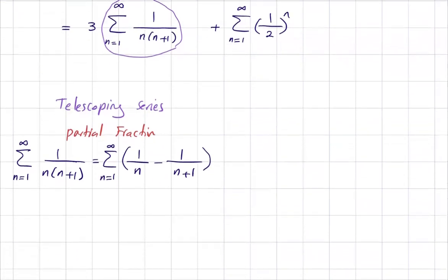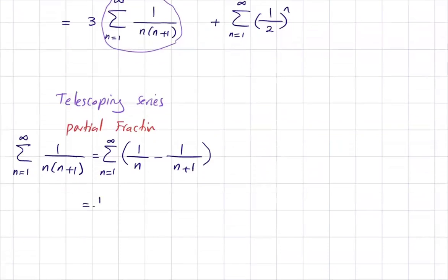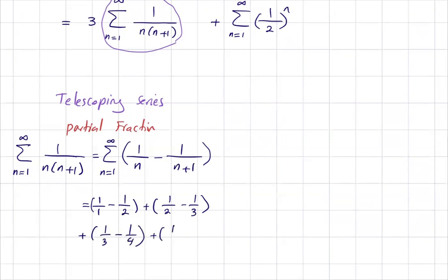But if I plug in values, I get 1 over 1 minus 1 over 2, plus 1 over 2 minus 1 over 3, plus 1 over 3 minus 1 over 4, plus 1 over 4 minus 1 over 5, plus the rest of the terms.